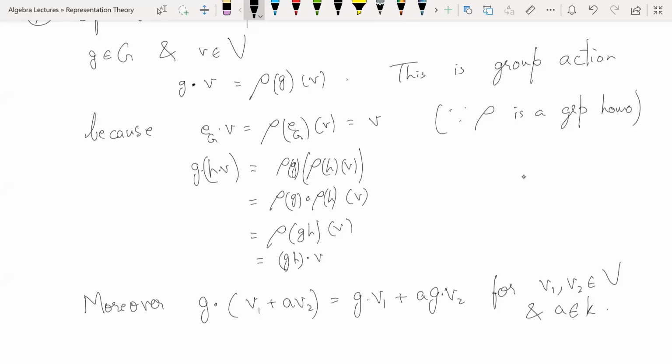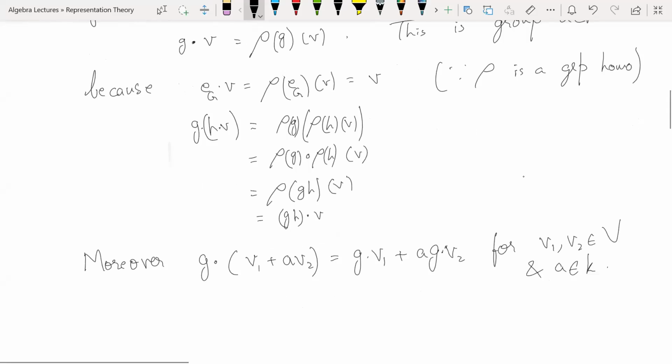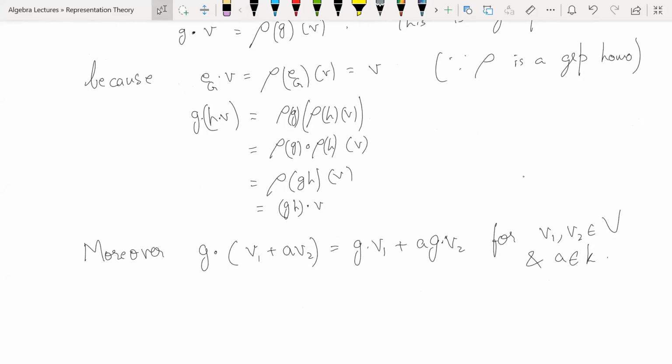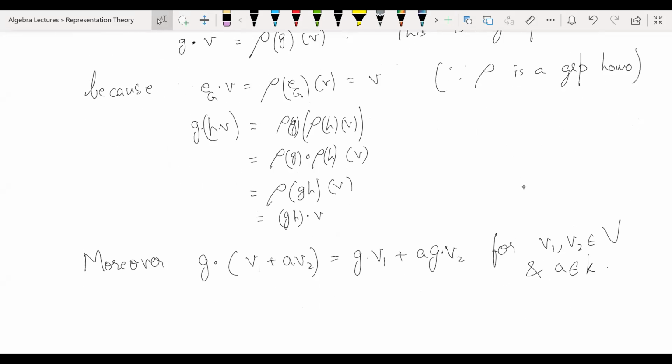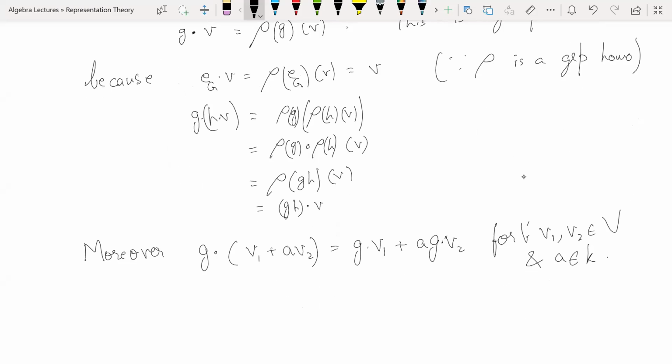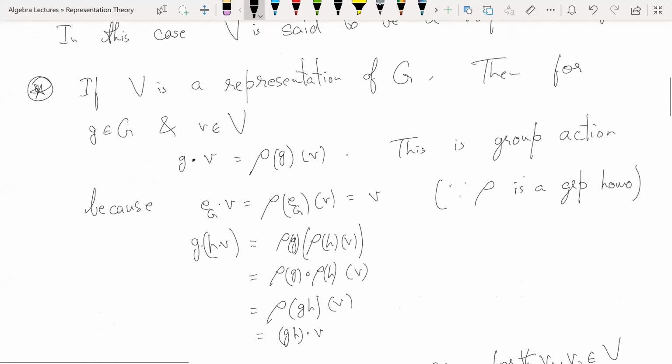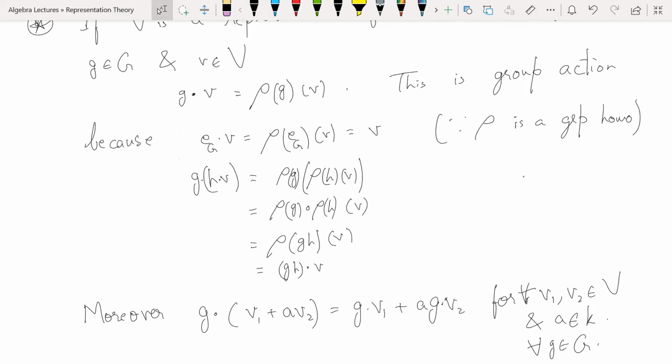Later on, even complex numbers, algebraically closed characteristic. This holds for all v1, v2 in V and for all g in G.